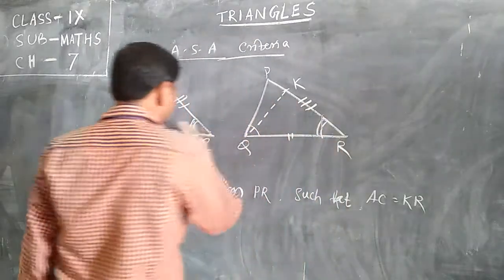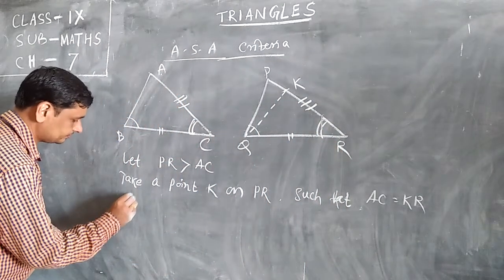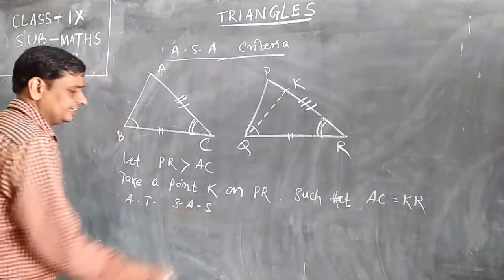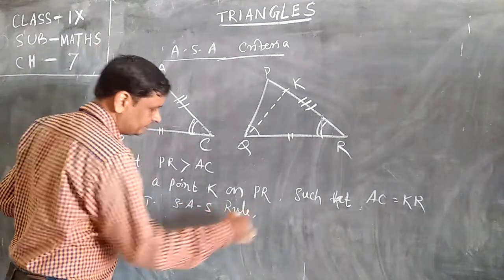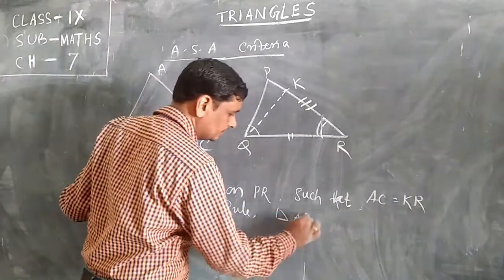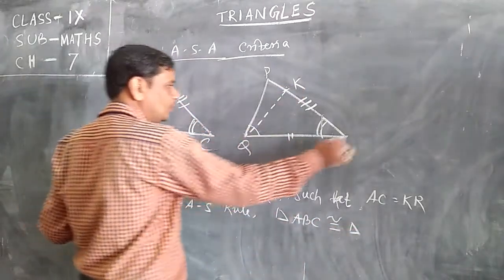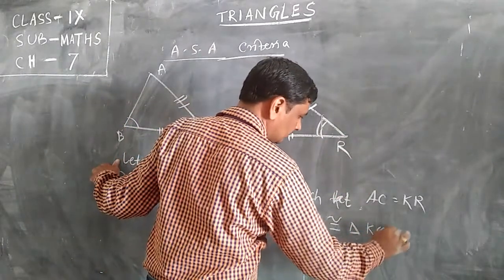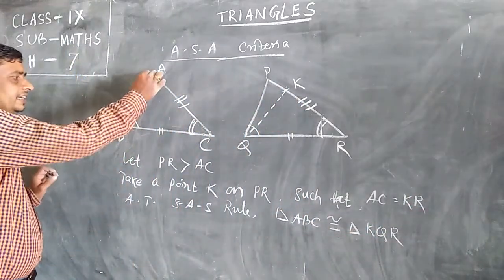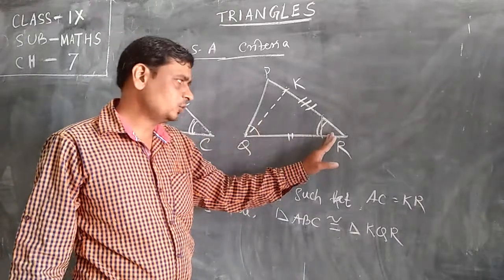According to the side angle side SAS rule, triangle ABC is congruent with triangle KQR. Here ABC and KQR are both congruent.